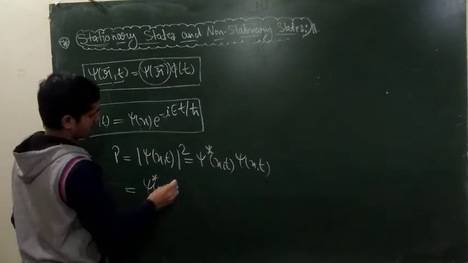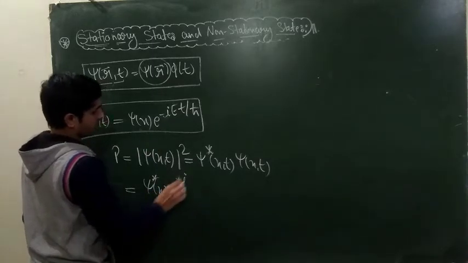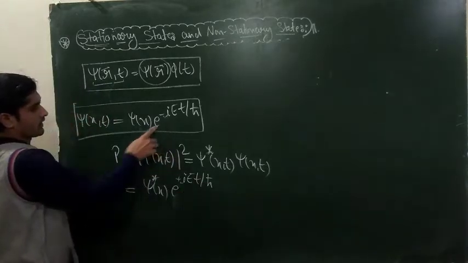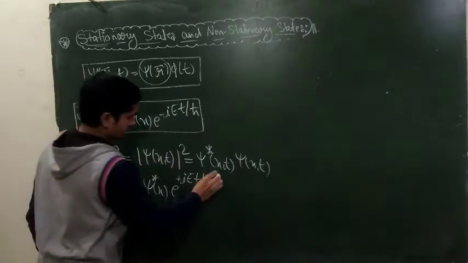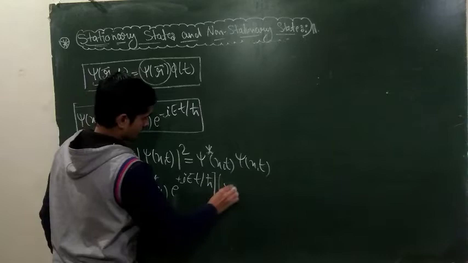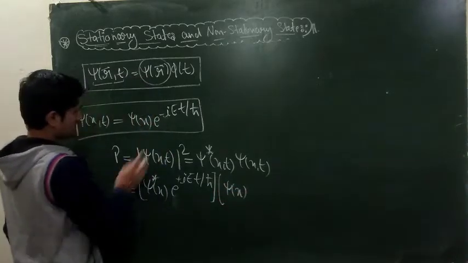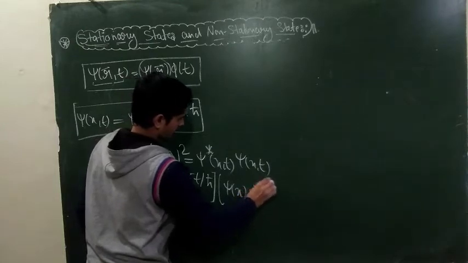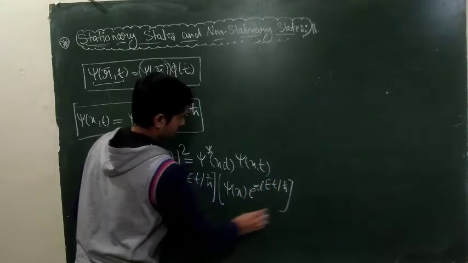So here it is negative, so it will be positive iota Et over h cross, which is the conjugate of this particular function, right? And you just have to multiply it with this state, the stationary state. So it is minus iota Et over h cross.